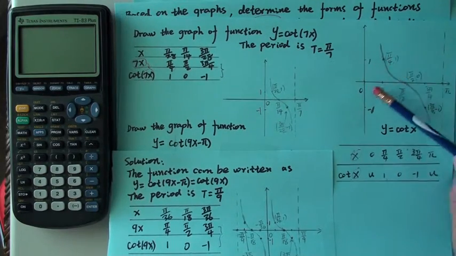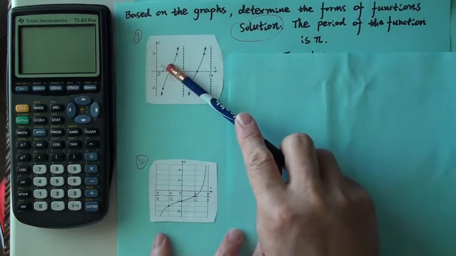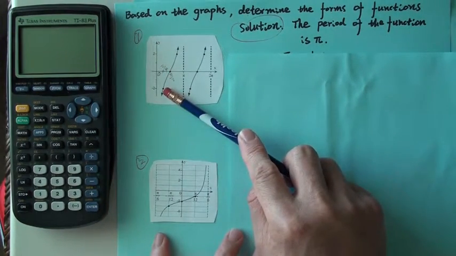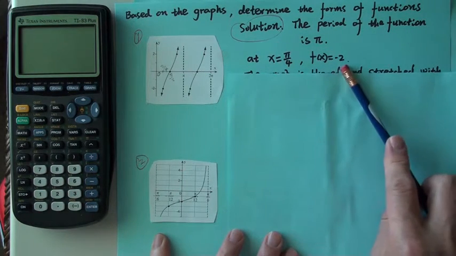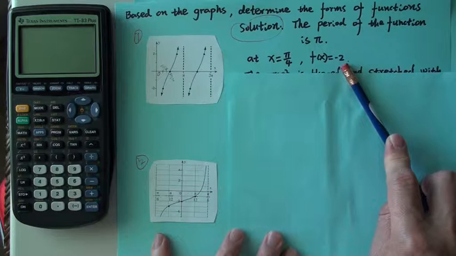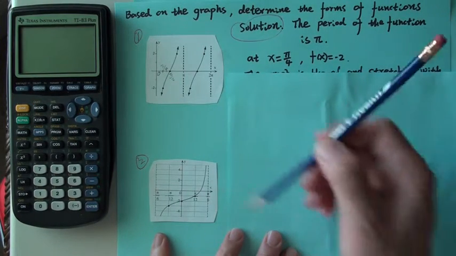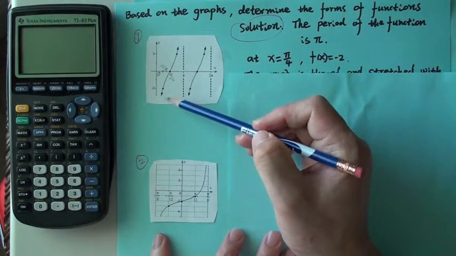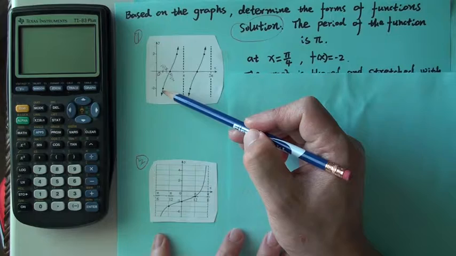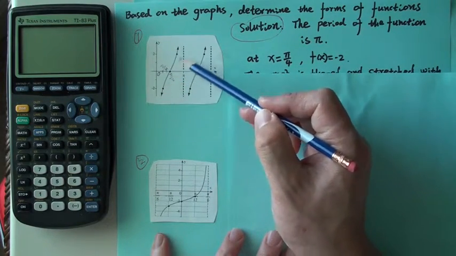So it's above the x-axis, and here at x equals pi over 4 it is negative 2. That's not the problem. It's because cotangent previously goes like that, it decreases, and this one increases.